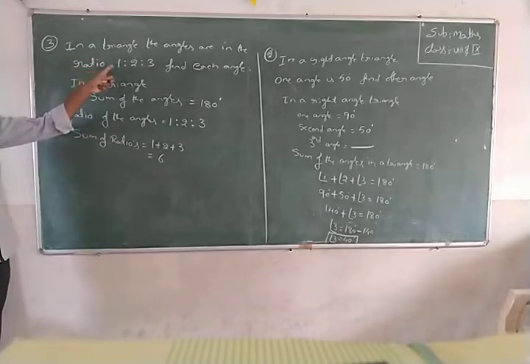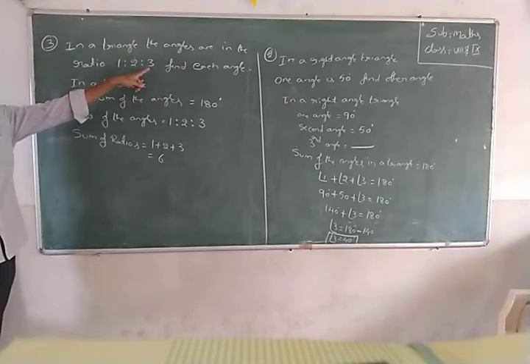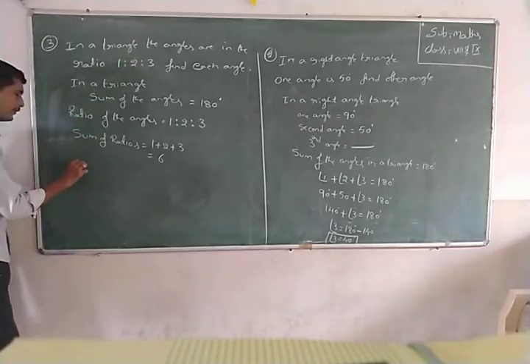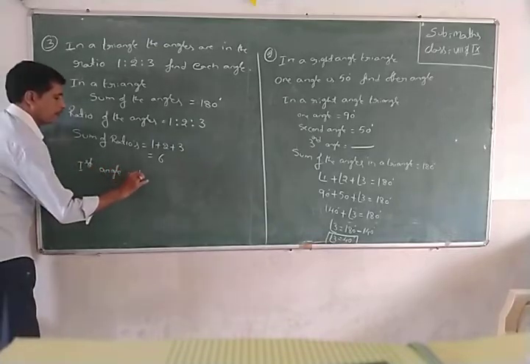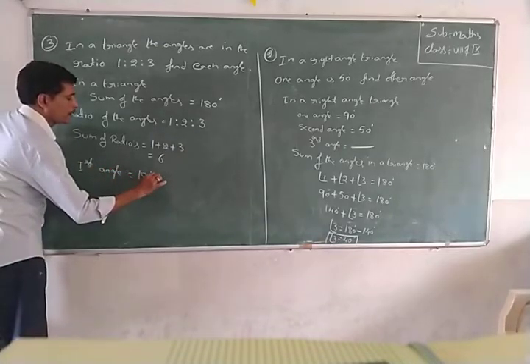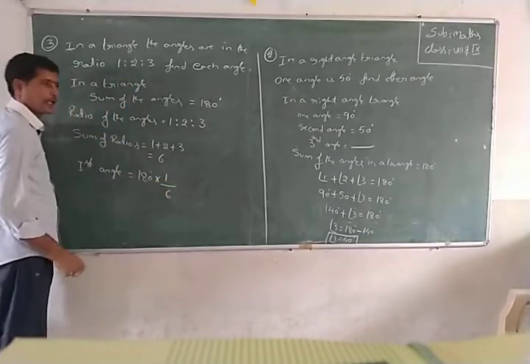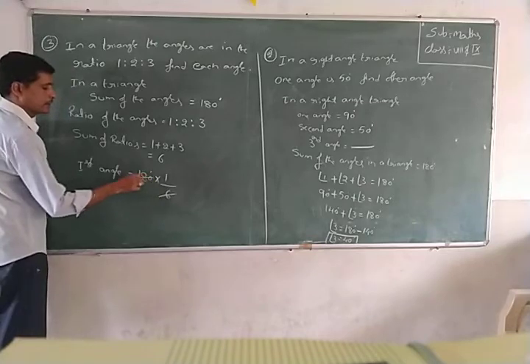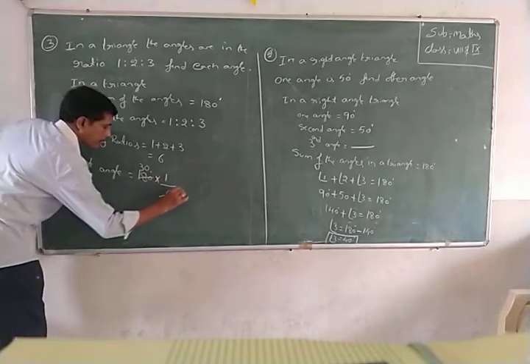Here the ratio of the first angle is 1, the second angle is 2, and the third angle is 3. First find the first angle. That equals 180 into the first ratio, 1/6. 6 goes into 180 thirty times, therefore 30 into 1 is 30 degrees.